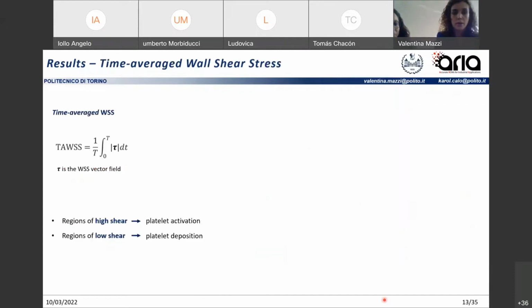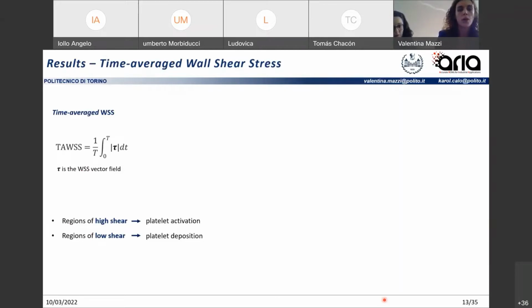Okay, so to characterize the near wall flow topology, first, we analyzed the canonical near-wall hemodynamic descriptors, starting from the wall shear stress data from the CFD simulations.